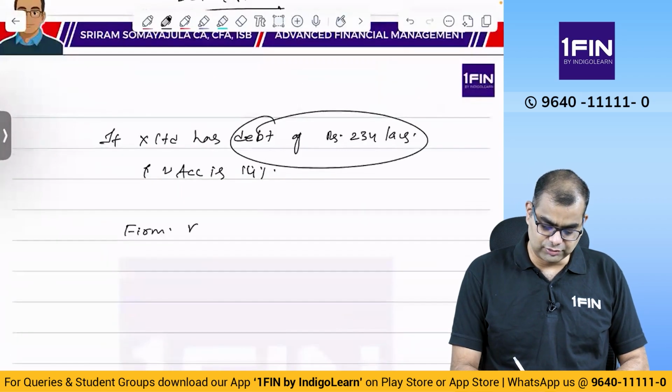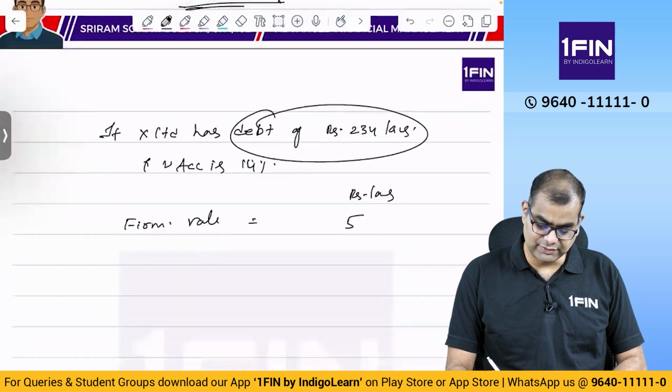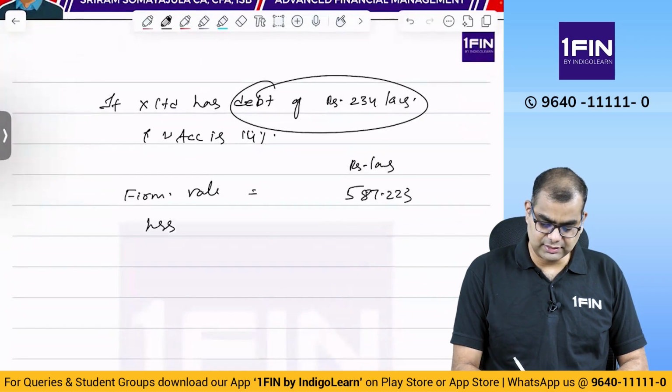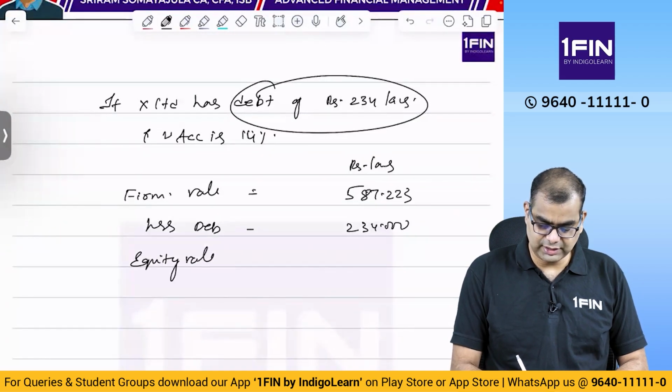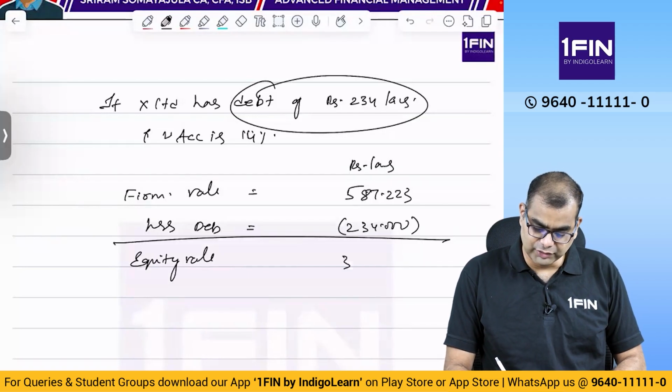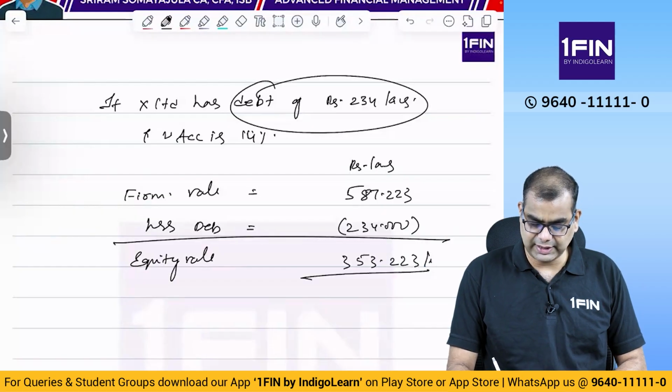So firm value is rupees 587.223 lakhs, less debt 234, gives equity value. You take total firm value, subtract value of debt, and you get equity value of 353.223 lakhs.